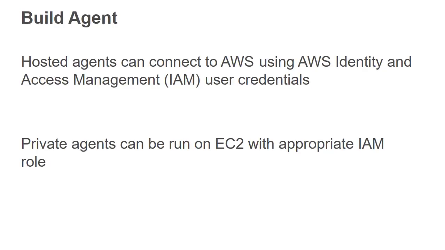There may be some situations where you would like to use private agents on EC2. If you use a private agent, which means that you install the VSTS or TFS agents on EC2, that agent may need access to different AWS resources. For example, if your agent is going to upload content into an S3 bucket, of course it needs permissions to access the S3 bucket.